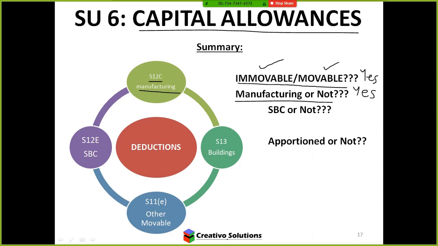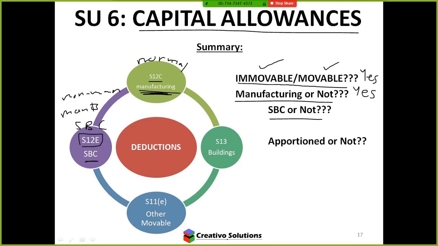Section 12C is for manufacturing, for a normal business. Section 12E is special, SBC, and that's for manufacturing and non-manufacturing. It doesn't matter. So is it important to distinguish between the two? Definitely. It doesn't apply for section 12C, it does apply for section 12E. Does that make sense?